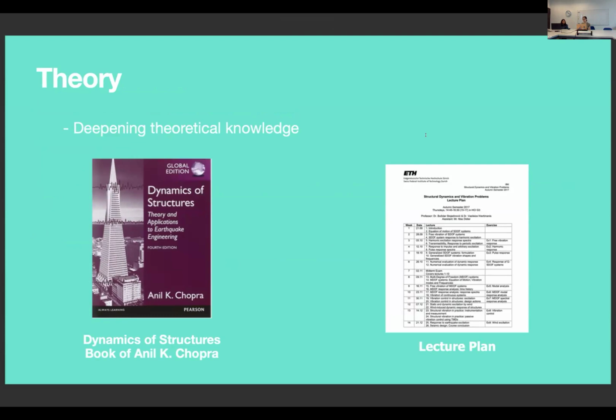So it's from the real basics, like how to solve an equation of motion under different excitation or vibration situations, to understanding multi degrees of freedom systems and then modal analysis theory and also the numerical implementation behind it. So it's for deepening theoretical knowledge before going through the core of the project.